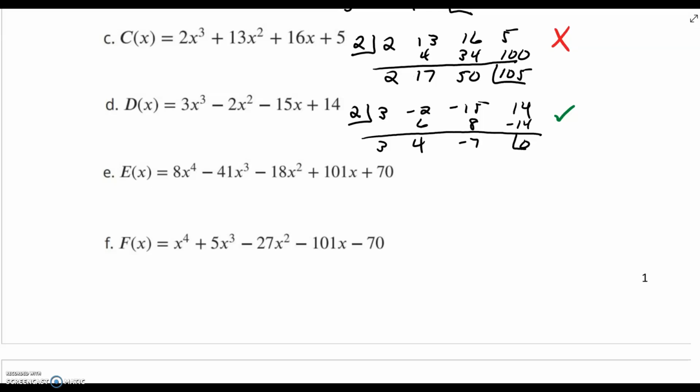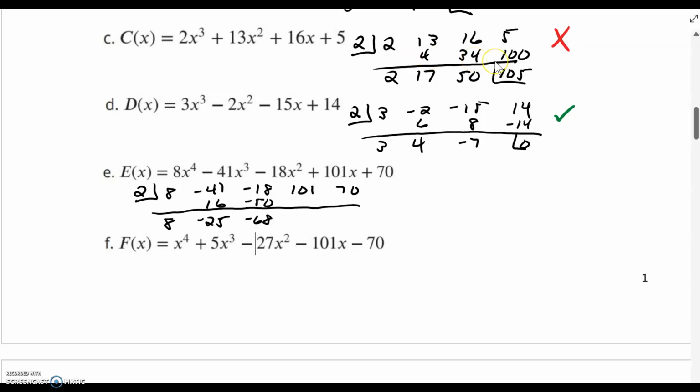E, 2. Well, that was a bad 2. There's a better 2. I have no missing degrees, so 8, -41, -18, 101, and 70. Drop the 8 down. 2 times 8 is 16. -41 plus 16 is -25. 2 times -25, -50. -18 minus 50 is -68. 2 times -68 is -136.